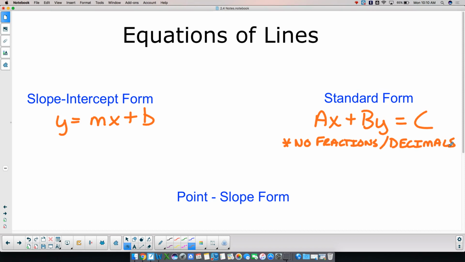A is always positive. So that one comes with some conditions. Okay. That leaves me the point-slope form.